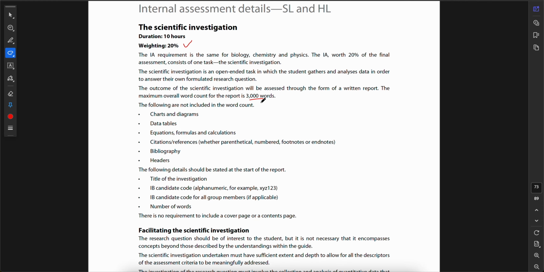It is not by the page, but by words, not including charts and diagrams, data tables, equations, formulas and calculations, citations, bibliography, and headers. Your teacher will guide you on this, but just so you know, a written lab report is the outcome.